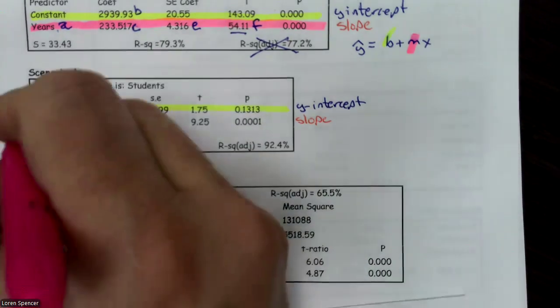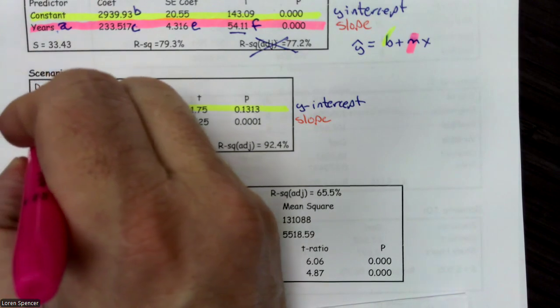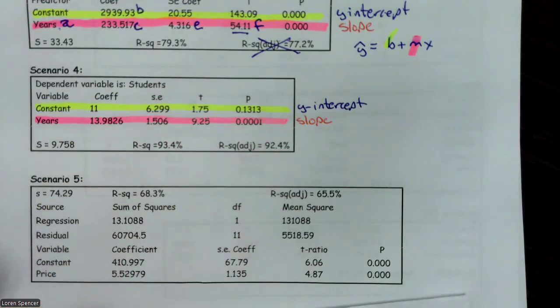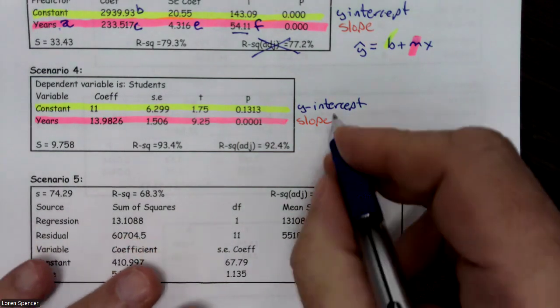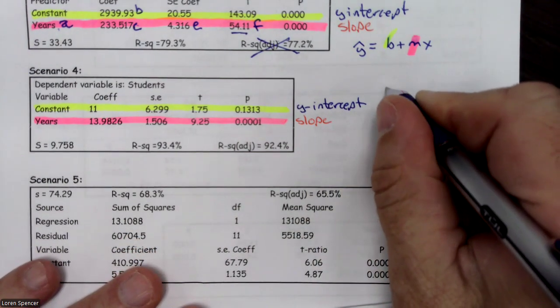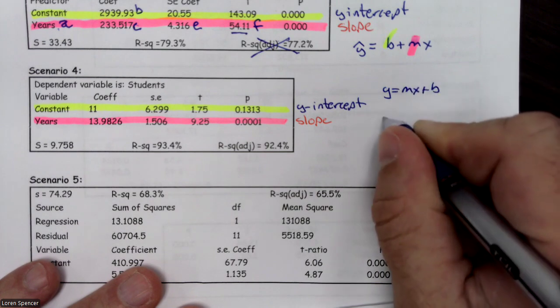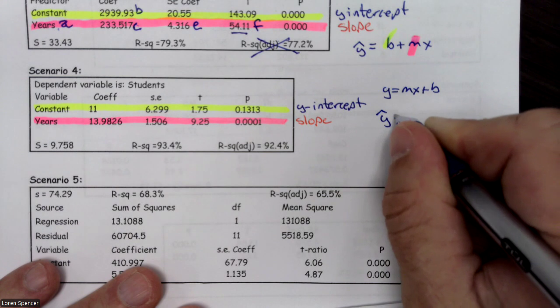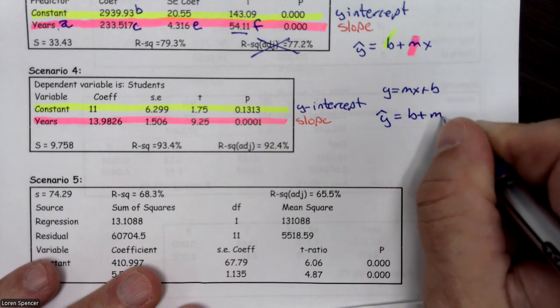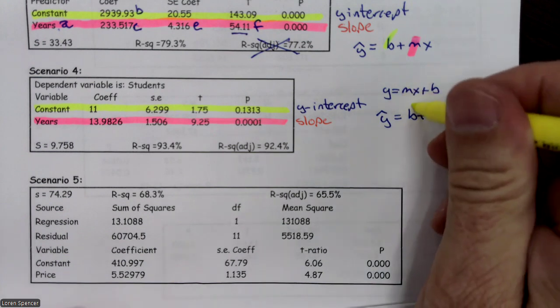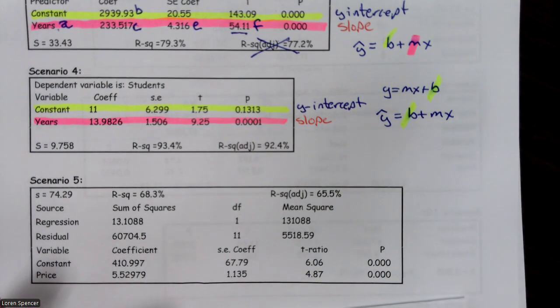And once you identify the word constant, you have your y-intercept row, and then the row below it is the slope row. And as I keep saying, in algebra, you wrote y equals mx plus b. But for this class, we're going to do y hat equals b plus mx, where b is our y-intercept and m is our slope.